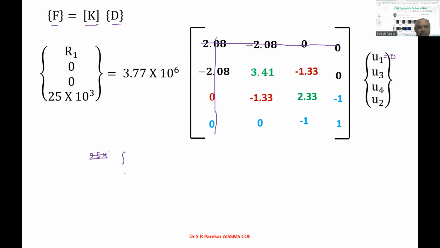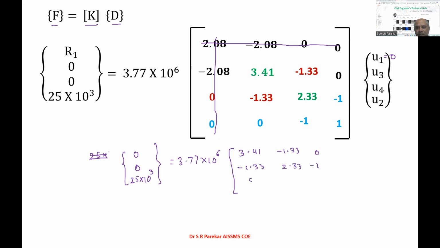And then we will get 0, 0, 25 into 10 raised to 3 equal to 3.77 into 10 raised to 6 into 3.41, minus 1.33, 0, minus 1.33, 2.33, minus 1, 0, minus 1, 1. And on this side we have U3, U4, and U2.